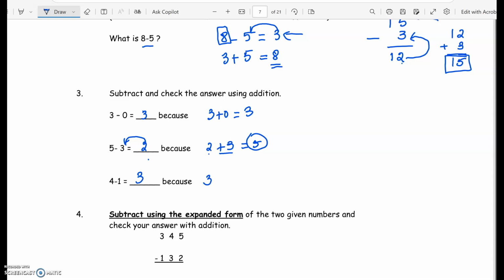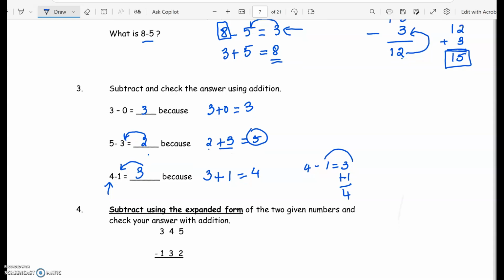Because 3 plus 1, so you're going back, adding the 1, and you get a 4, which is the number that you started with. So 4 minus 1 equals 3, because 1 added to 3 is equal to 4.